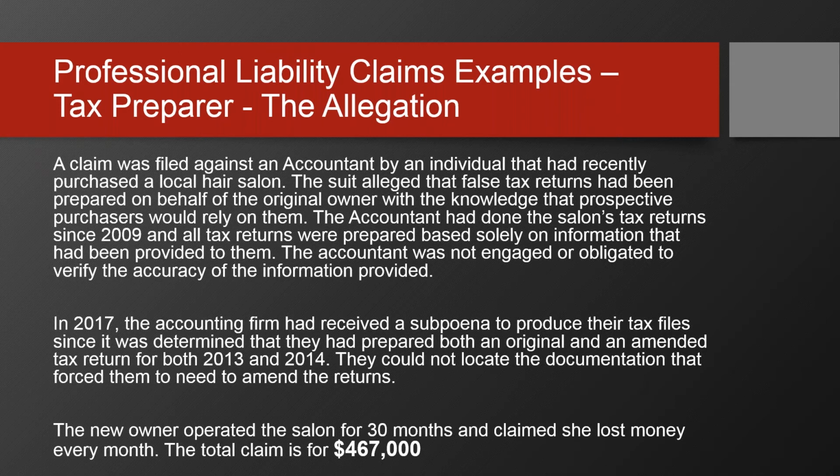And the new owners, of course, they based their purchase on projected revenue. So they looked at tax returns all the way from 2009 up through 2017, just to see how the salon did, to kind of get an idea of what type of clientele, what type of profit they were about to make.